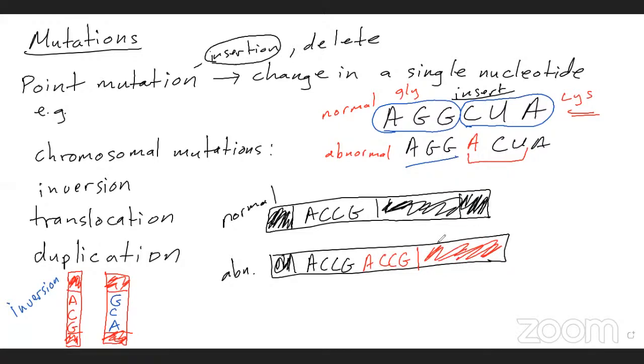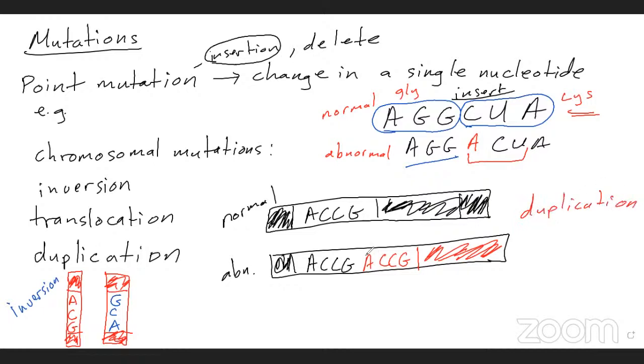Anybody have an idea what translocation means? Sir, like one of the letters that is supposed to be somewhere fixed is going to be somewhere else. Right. So we move it and attach it somewhere else. So what we did was duplication.